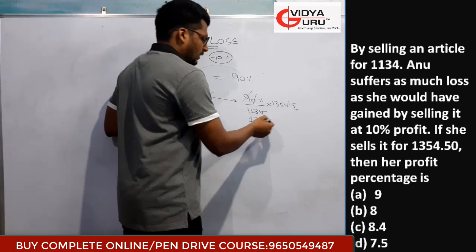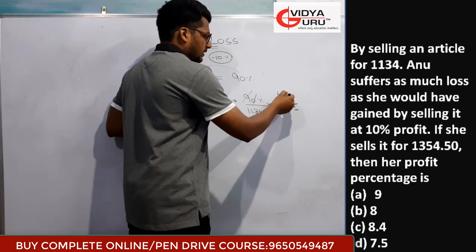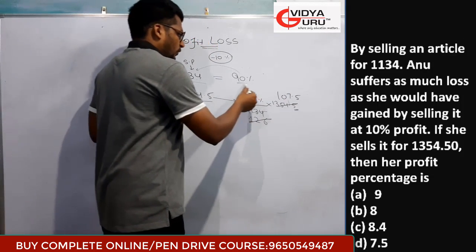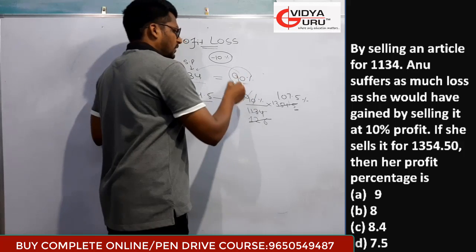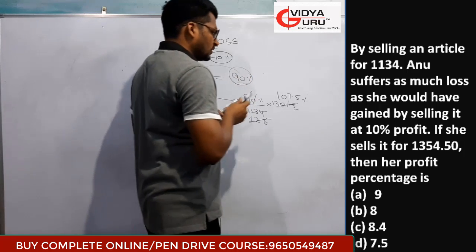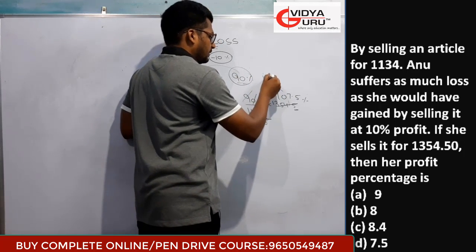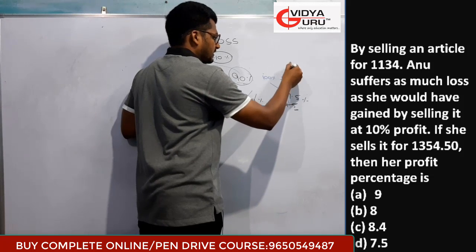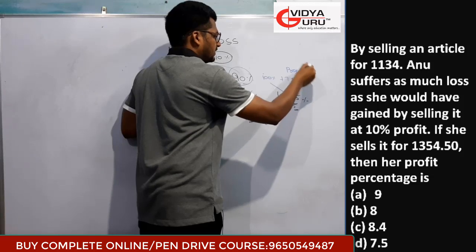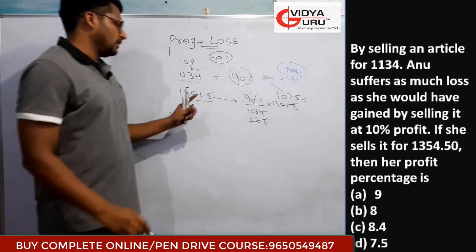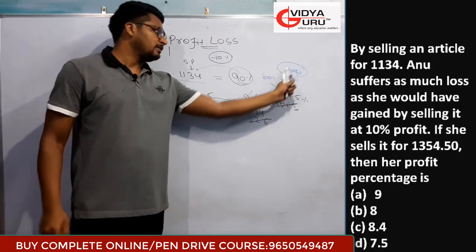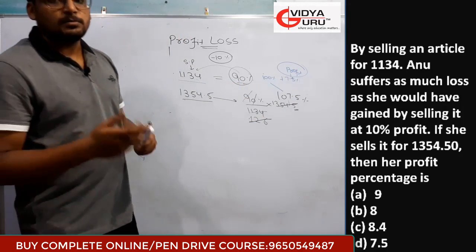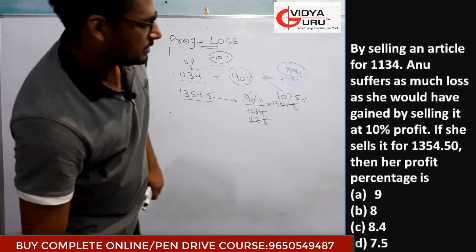Now I will cancel this by this, it will be 107.5. That means when it was 90%, there was a 10% loss. In this 107.5%, 100% is CP. And what is the extra 7.5%? It is profit. That means if I sell the goods at 1354.5 rupees, there will be a profit of 7.5%. That means option number D is the correct answer.